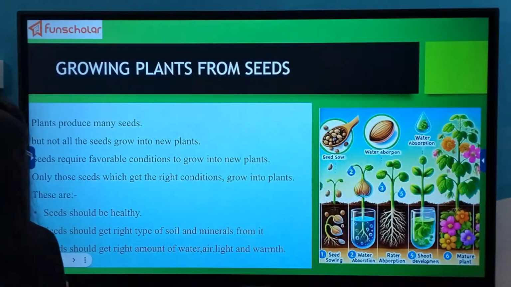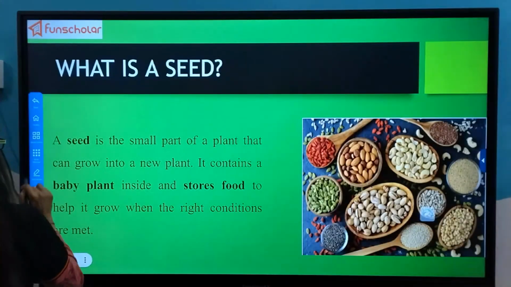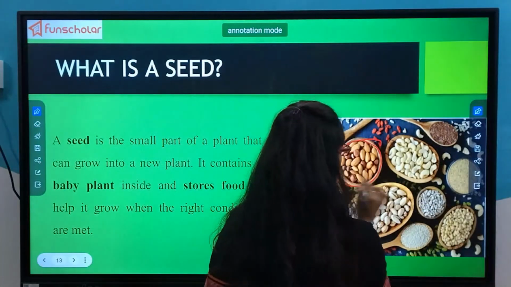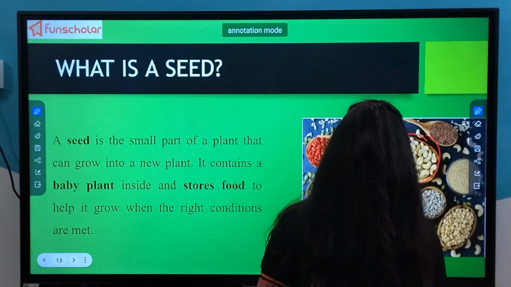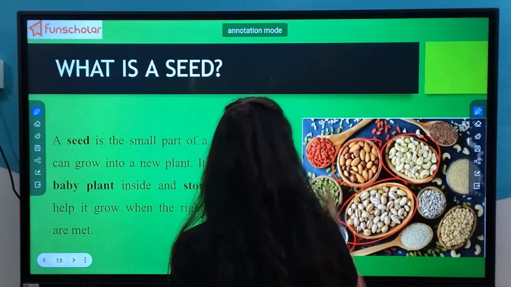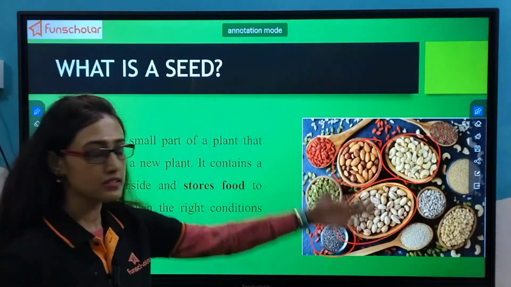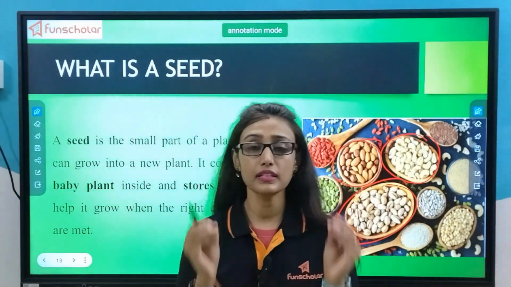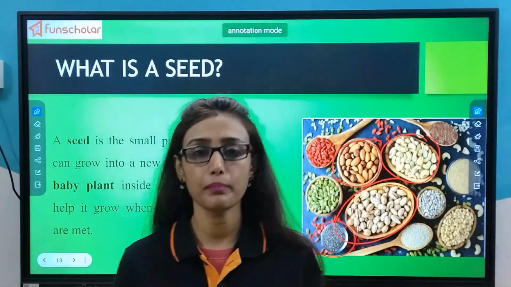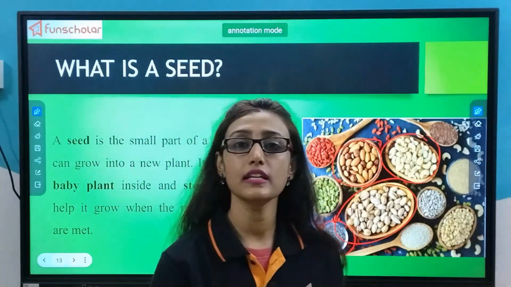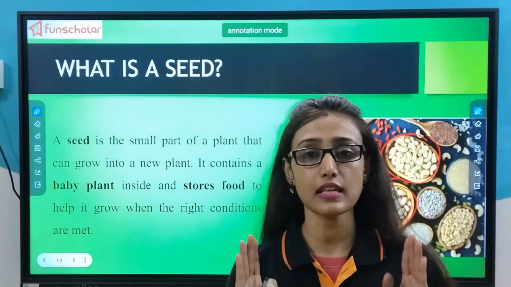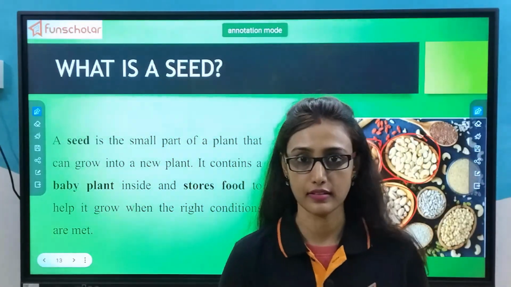Now next. So, what is a seed? See, almond seed, kaju, pista, chia seeds, so many types of seeds are there. So what is a seed? Seeds are nothing but the smallest part of the plant that grows into a baby plant when the right conditions are provided to it.